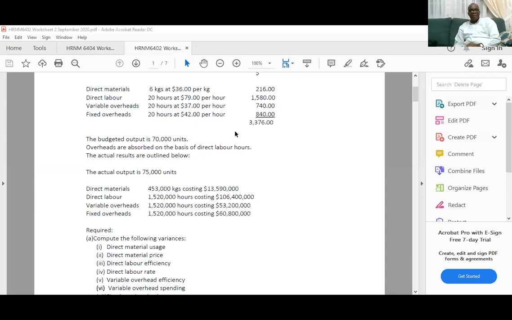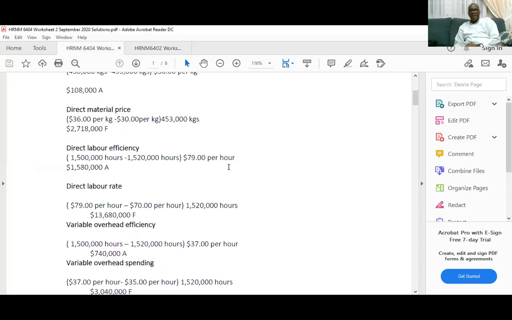That's what we had in our brackets. And we're going to have the same thing in the brackets, not the same answer, but the same thing in the brackets for the variable overhead efficiency.